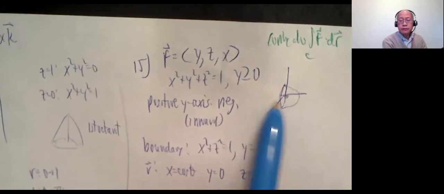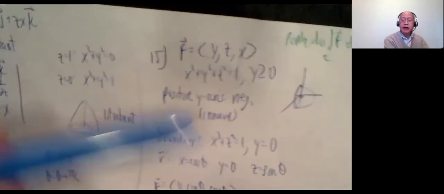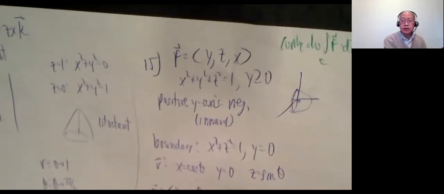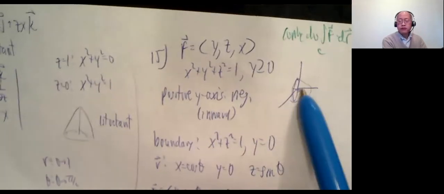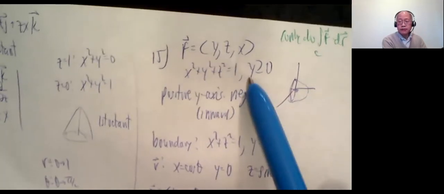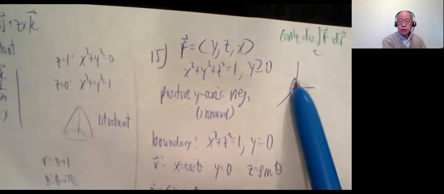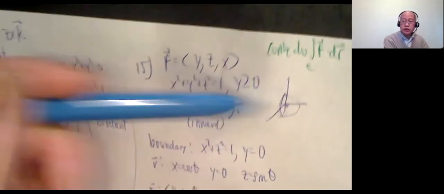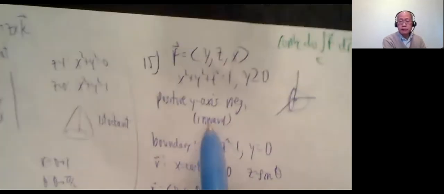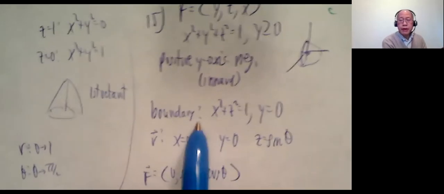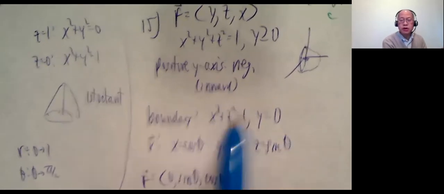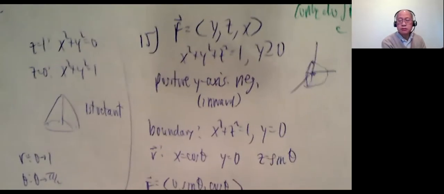Inward is negative because it says in the direction of the positive y-axis. Remember, for a closed curve, outward is considered positive. I'm going in, so it's going to be negative. So the boundary curve is x squared plus z squared equals 1 with y equal to 0.